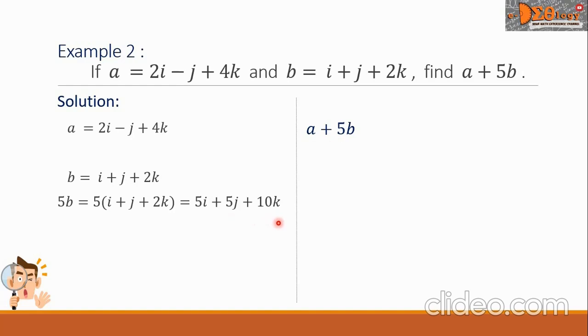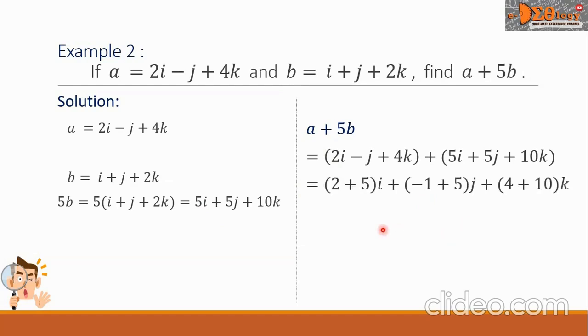Now, we're ready to substitute the corresponding values. The A is 2i minus j plus 4k plus the 5B, that is 5i plus 5j plus 10k. We can now combine similar terms.